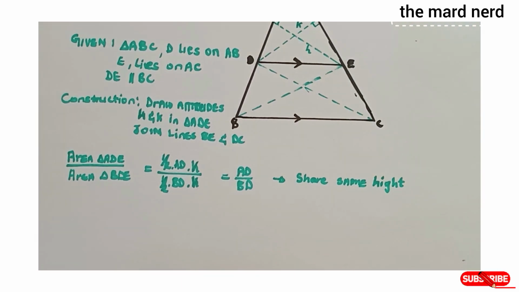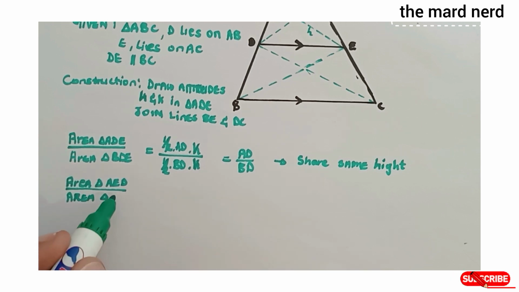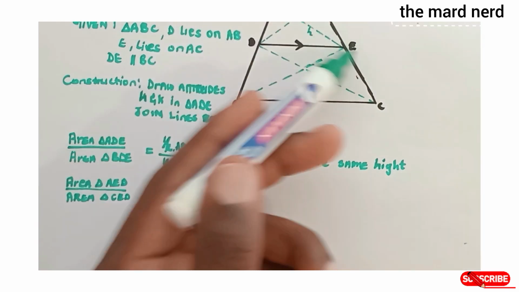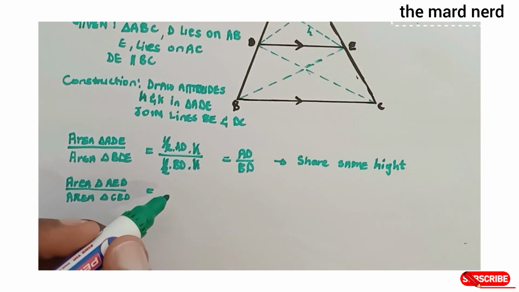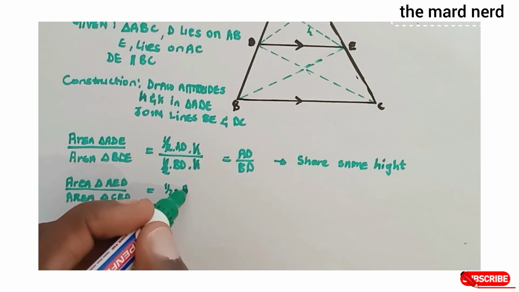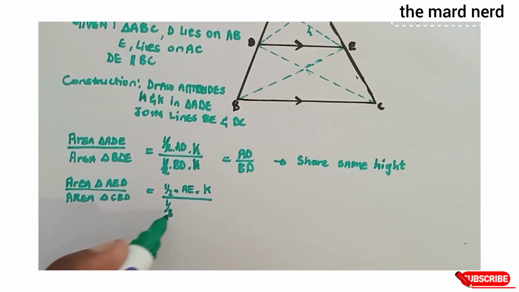So taking the proportion of the area of triangle AED over the area of triangle CED, the base of AED is AE. Half base times AE, and for the altitude we have k, over half, because the area is half base times height.